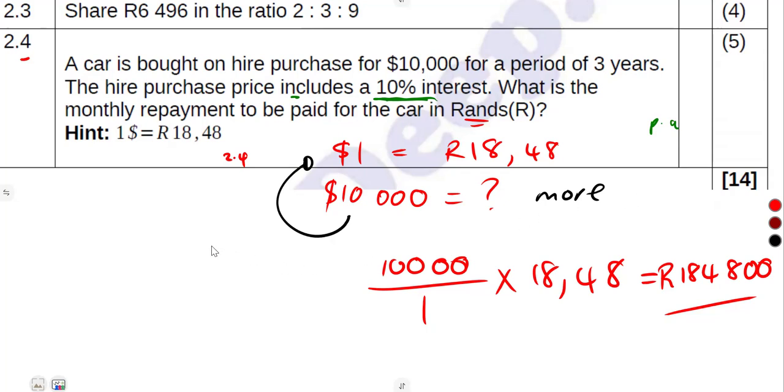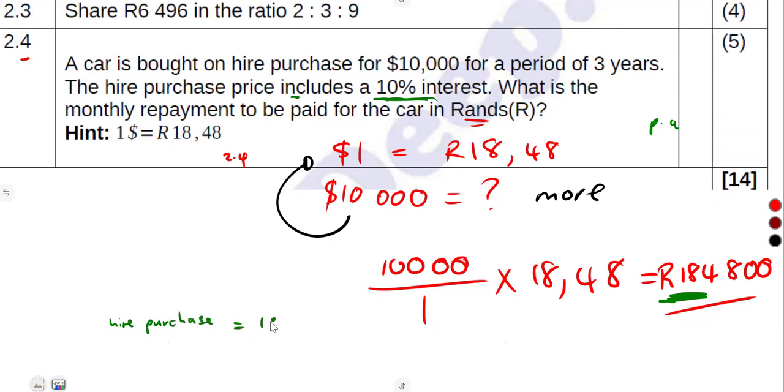So meaning to say, our hire purchase, guys, it is simply a percentage, 10% interest. So 10% interest of what? Of this amount. This is the price of the car originally.